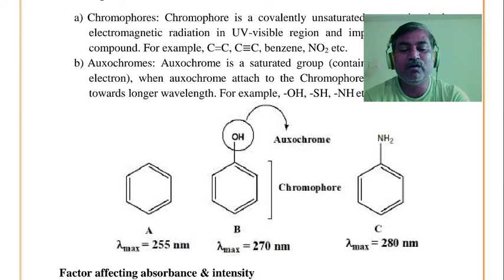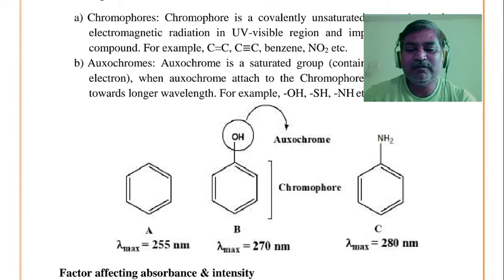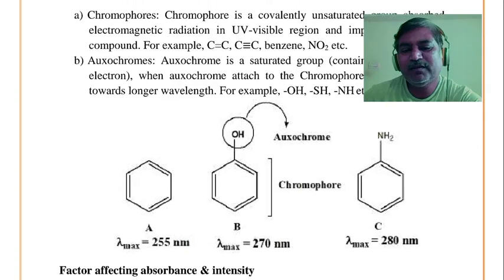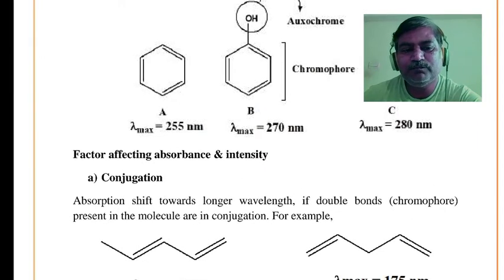Absorbance goes on increasing. The same thing happens whenever an NH2 group is attached to the benzene ring system, then the lambda max value becomes 280 nanometer. So this is the role of the two terms, chromophores and auxochromes. Okay, you are now much more familiar with both terms.